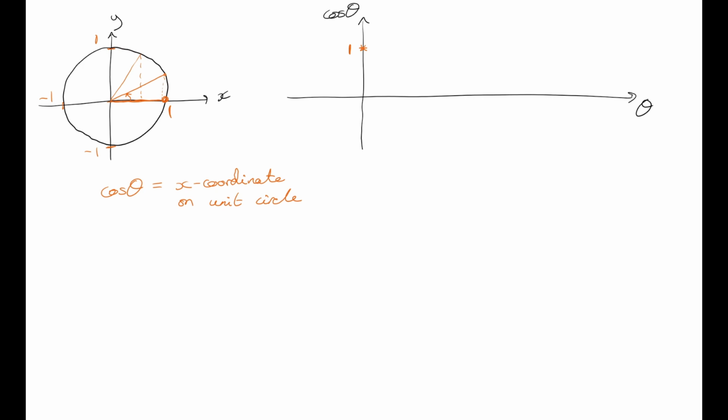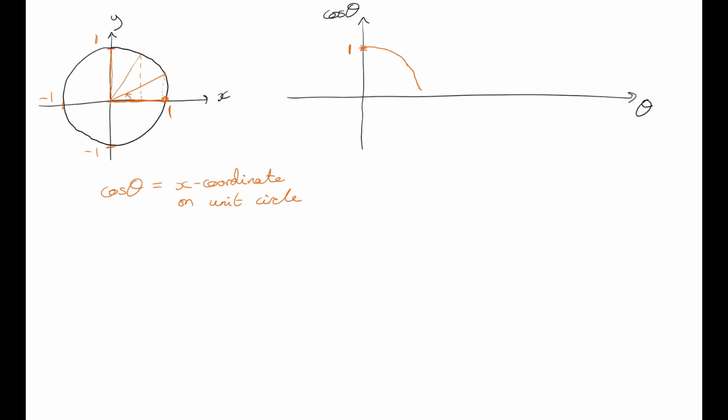So we can say at the start we're decreasing, so cos theta, which here is on my y-axis, is decreasing, and the rate at which it's decreasing is increasing. It gets steeper and steeper.